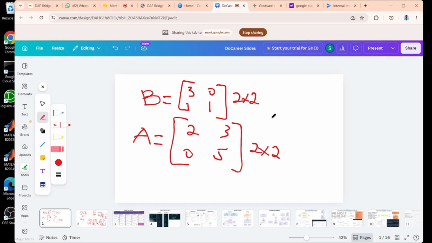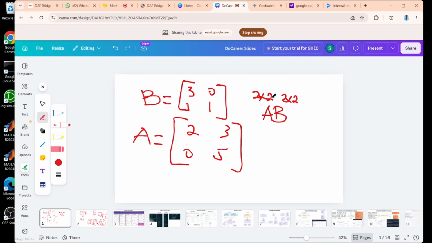So for two matrices to be multiplied, let's say we should find AB, like A multiplying B. You look at the sizes first. A is 2 by 2, B is 2 by 2.